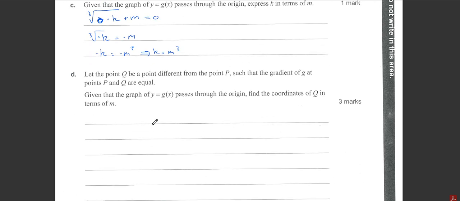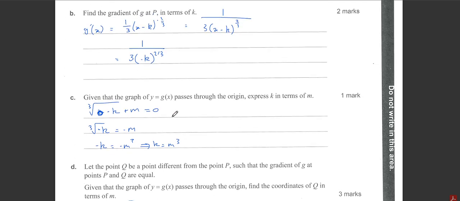All right. So g of x now equals the cube root of x minus m cubed plus m, just substituting k equals m cubed. Differentiating that, we get 1 over 3 times x minus m cubed to the power of negative 2 on 3. And this has to equal, as we found in b, this value.